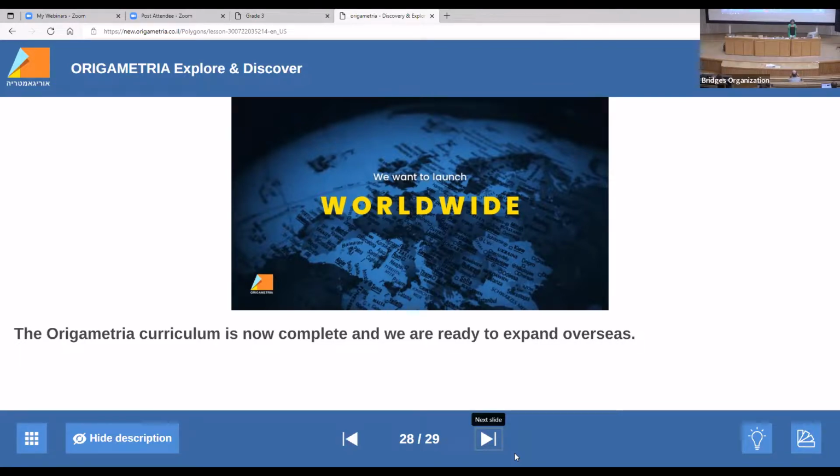And we do believe that if children learn by playing, investigating, by doing like that, and the teacher teaches like that, there is a better result in geometry. And geometry is an important topic.